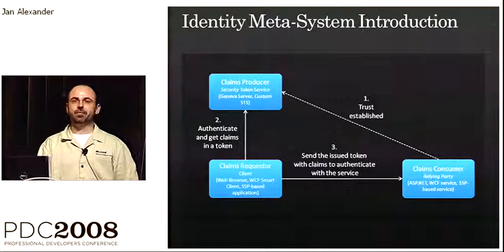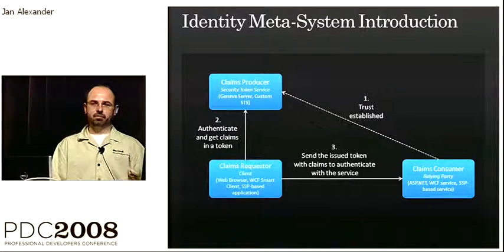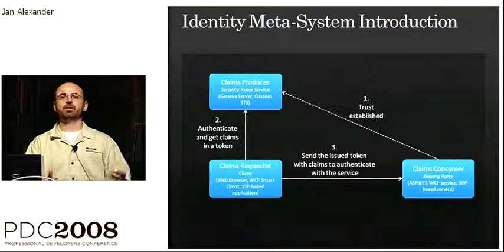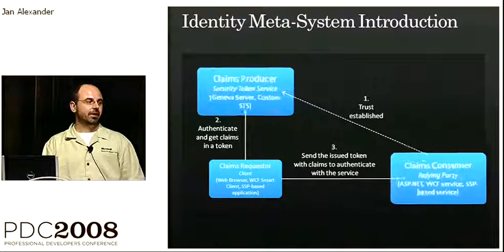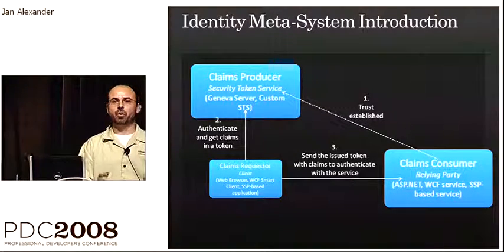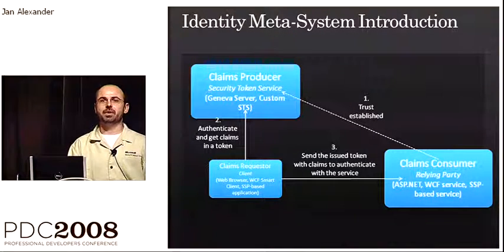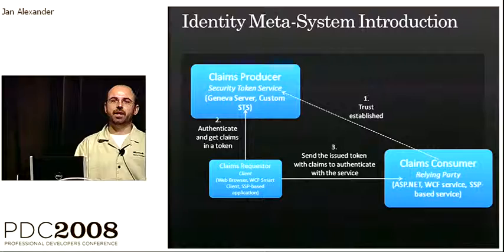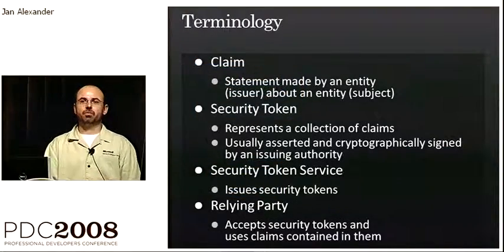Since the claims flow in things that we call security tokens, the claims producer is usually called a security token service, because it produces security tokens that contain claims. I will be mostly talking about those two. I will not be talking about the client much. There is another interesting talk on Thursday about the client piece. We have a very interesting technology there called Windows CardSpace Geneva, so I encourage you to go to that talk as well.